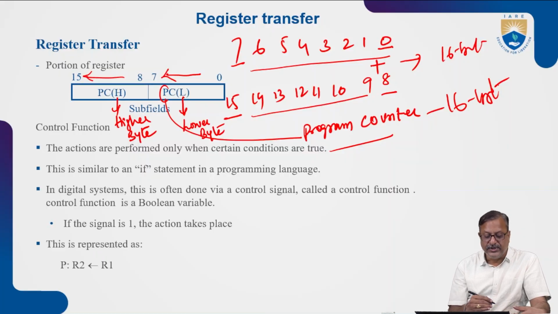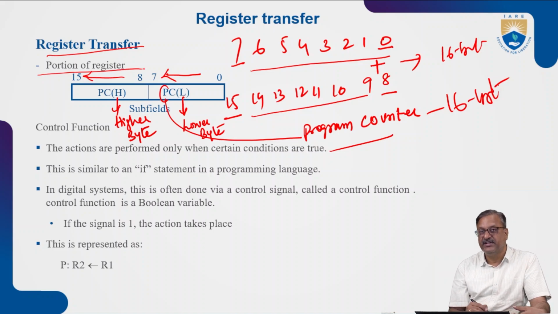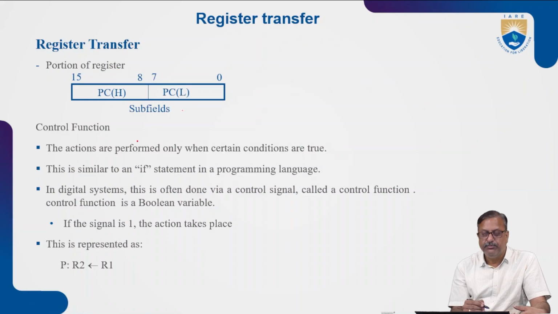The operations of the program counter we are going to discuss in the coming class. Since it is a 16-bit register, in the register transfer language it is indicated how the storage is done for 16 bits. In this way, the data storage is done. Now, the portions of 8-bit and 16-bit are defined like this.